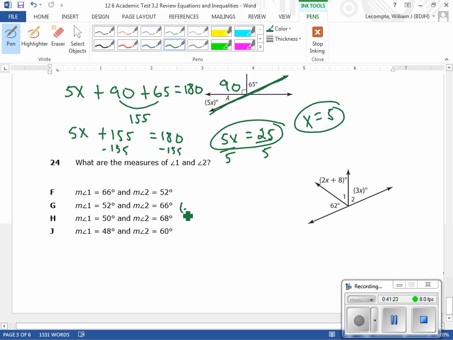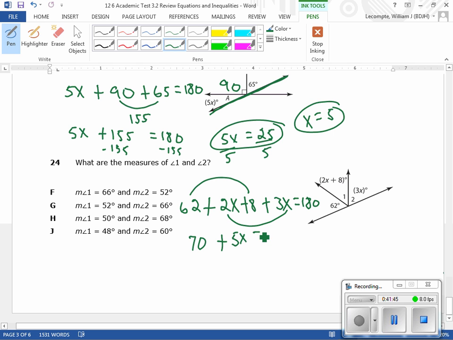I get 70 plus the 2x and the 3x, I get 5x, is equal to 180. Subtract 70 from both sides, and I get 110 equals 5x. So x is equal to 110 divided by 5, which I believe is 22.